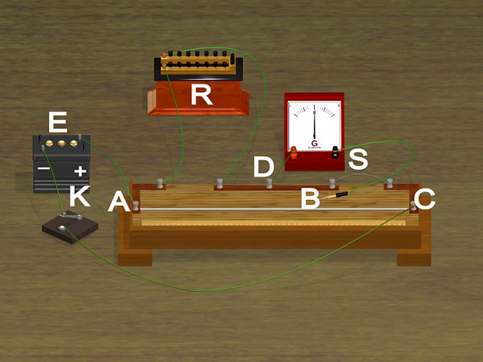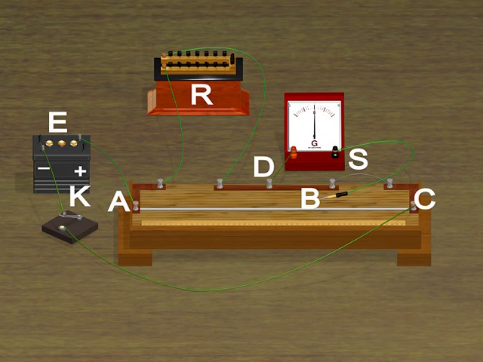There is another copper strip fitted on the wooden board in order to provide two gaps in strips. Across one gap, a resistance box R, and in another gap, the unknown resistance S are connected. A jockey B is made to slide on the bridge wire.